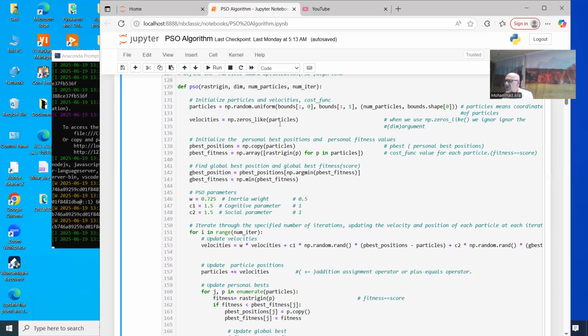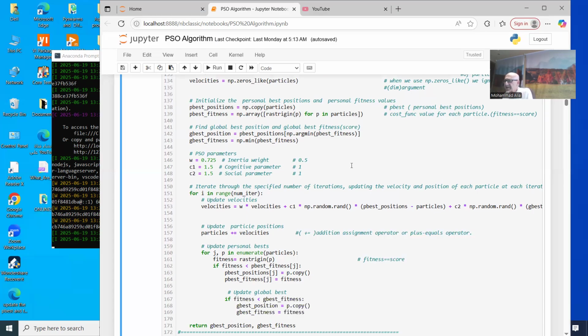So at the end we get an array of zeros with dimensions equal to the dimensions of the particles. Now this is clear for us. I think there are no difficulties. We explained it yesterday and now we are repeating it.